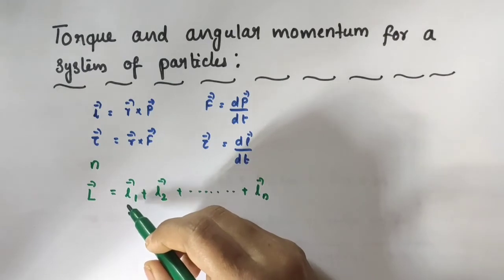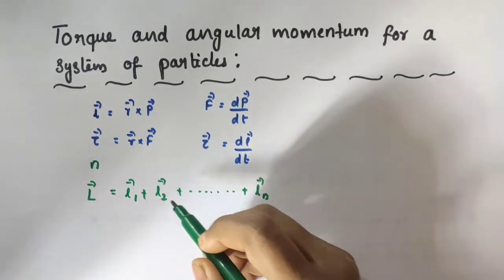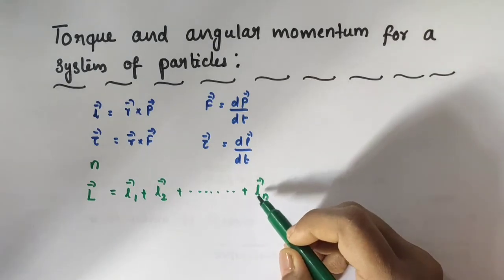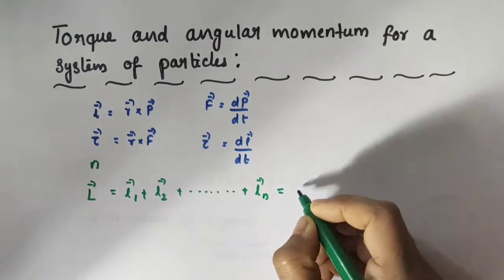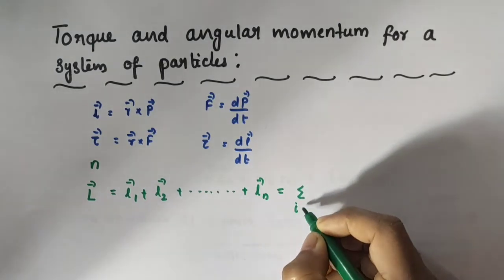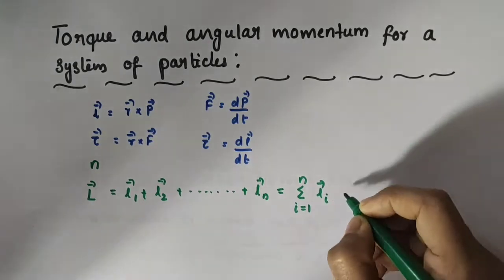Vector L1 is the angular momentum of the first particle, vector L2 is the angular momentum of the second particle, etc. Vector Ln is the angular momentum of the nth particle. And this can be written in terms of summation as sigma i equal to 1 to n vector Li.